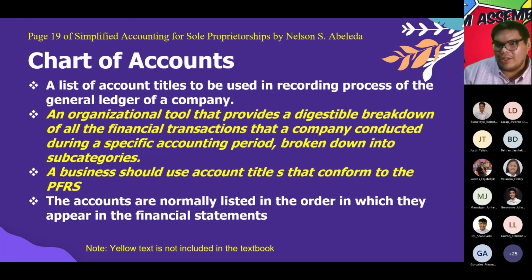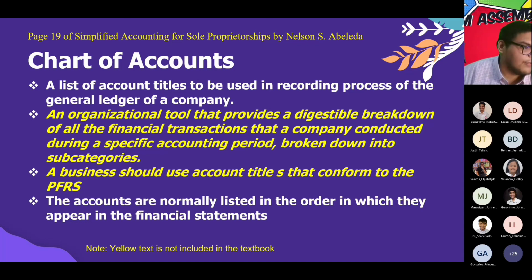It's one of the tools of an organization which provides a digestible breakdown. Ibig sabihin, madaling intindihin. All the financial transactions that a company conducted during a specific accounting period, broken down into subcategories.